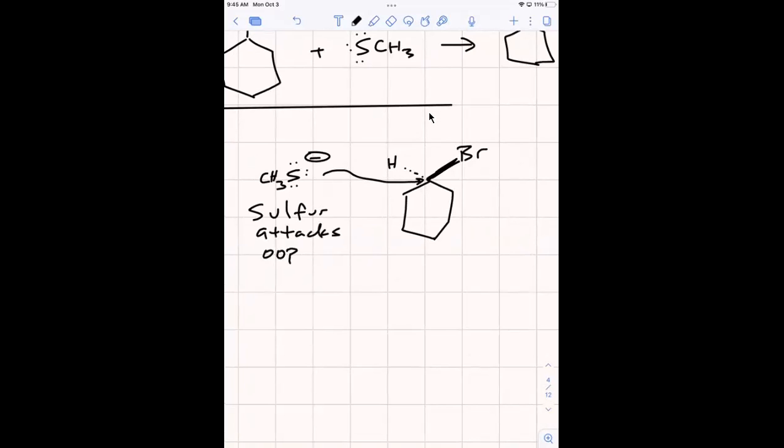That's one of the key characteristics of an SN2. I think I told you this already when we were looking at those alcohol conversions to alkyl halides. Your nucleophile is always going to attack the opposite side of where your leaving group is.